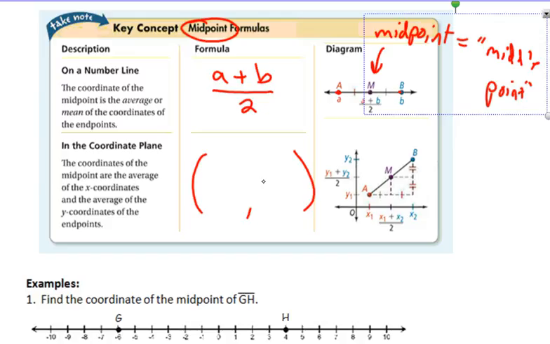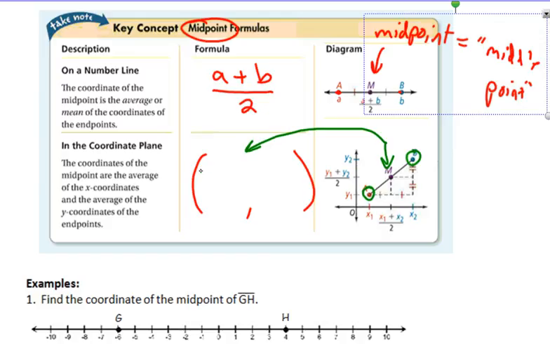So for the x value, if it's between two coordinates, it says the coordinates of the midpoint are the average of the x coordinates and the average of the y coordinates. So when we have 2 points, like we have here, point A and point B, you realize each point has an x and a y. So to find the x value of this midpoint, we do the average.